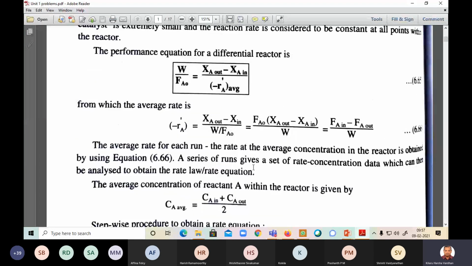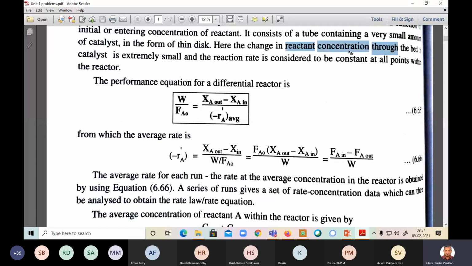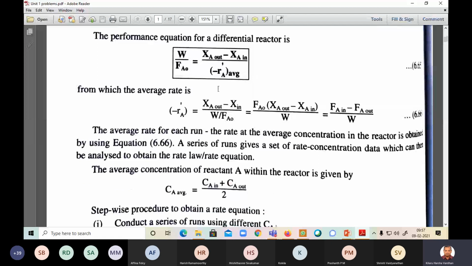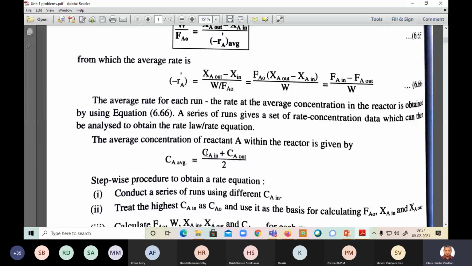That is what we are assuming here. The reactant concentration changes are extremely small, therefore if you want to take an average, you add them and divide by 2. Now we know the average concentration, and we know Ra dash also. From this, we can predict the rate.